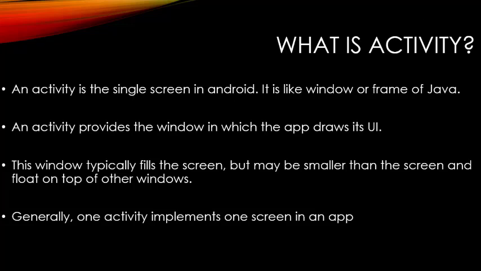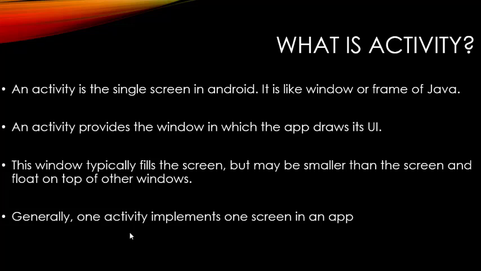In the same way, in Android, we have an activity which provides the window in which the app draws its user interface. The graphical user interface designing is done in the activity. This window typically fills the screen but may be smaller than the screen and float on top of other windows.